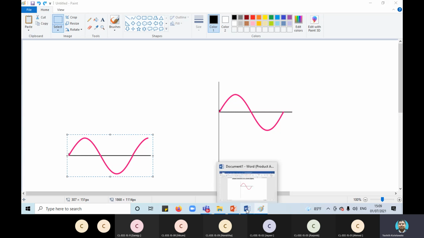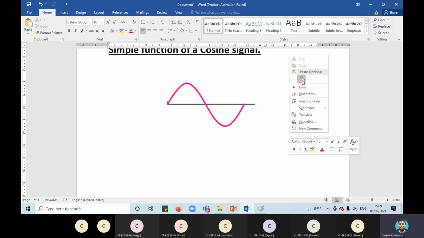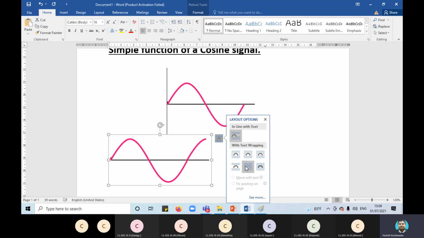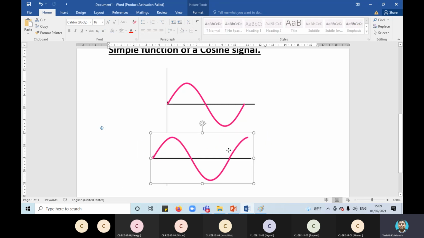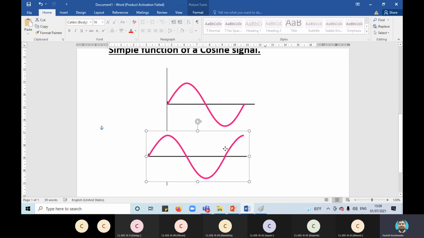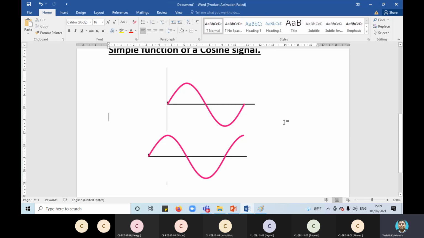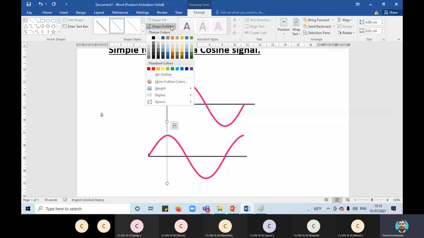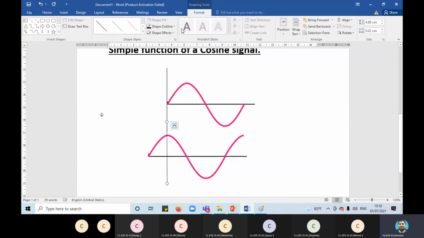It is going to work in our way. We need to draw a line here, and make sure that the line is black and a little bit broader.